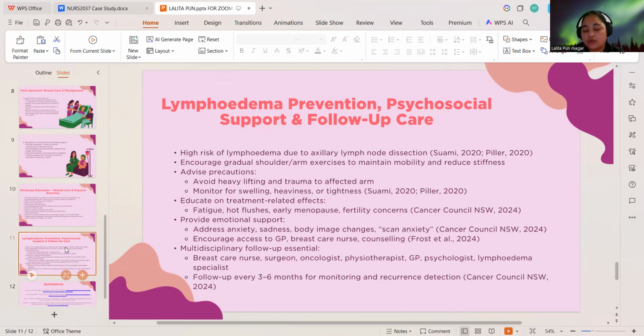Multidisciplinary support is essential and should involve the breast care nurse, surgeon, oncologist, physiotherapist, GP, and lymphedema specialist. Ongoing follow-up appointments every 3 to 6 months are also important to monitor recovery, manage long-term side effects, and detect recurrence early.